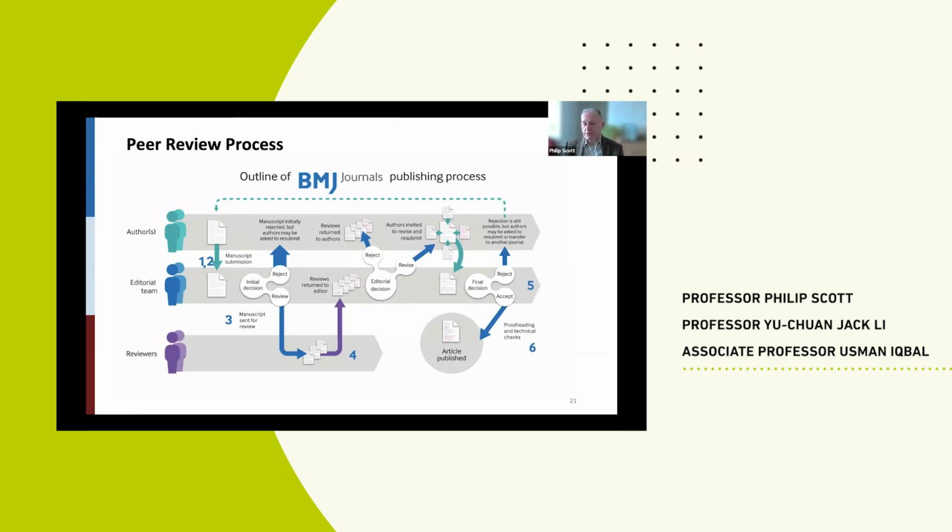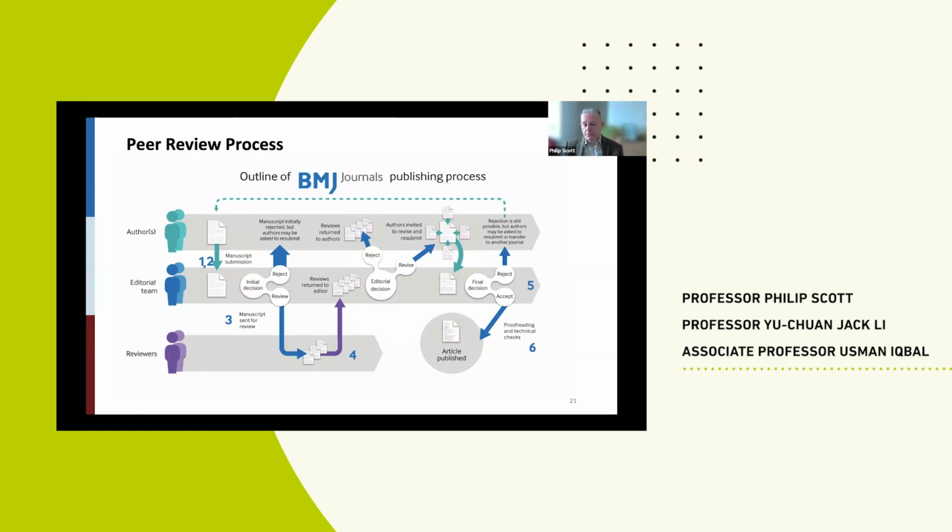So the deputy editor makes a recommendation to the editor-in-chief. So there's a range of options. We could recommend rejection, we could recommend immediate acceptance, but most often it's either minor revisions or major revisions. It's very seldom that a paper comes through without needing any amendments.